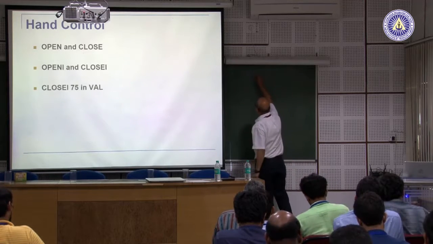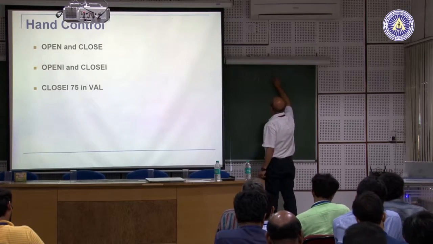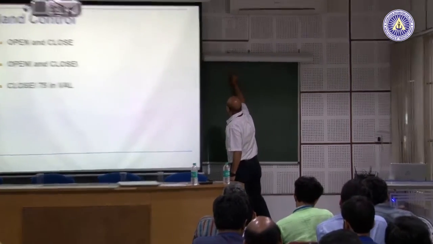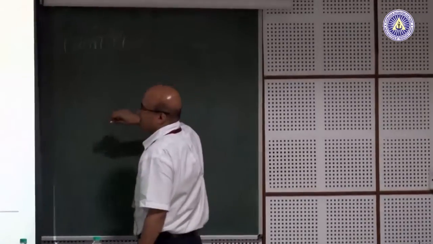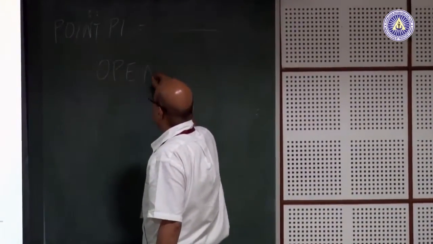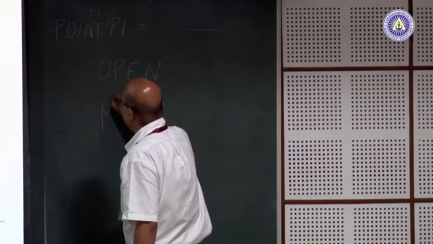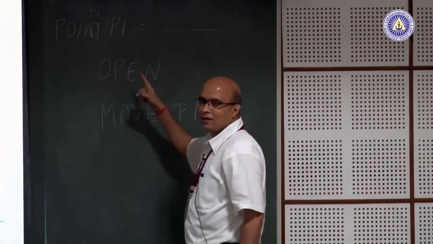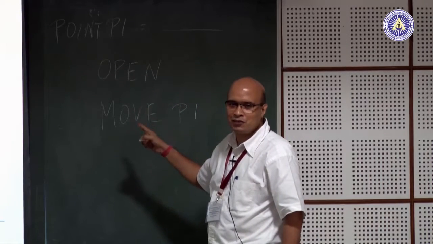Suppose we give some point P1 which has been defined, then I say open, then I say move P1. I hope you understand this by now. It is so simple, there is nothing to understand.